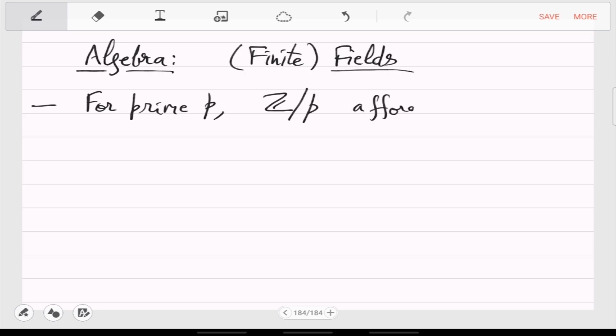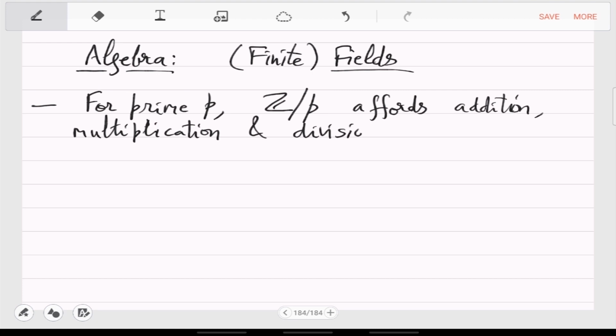So this set affords addition, multiplication and division. Right, where division by 0 is not allowed, but everything else is allowed.